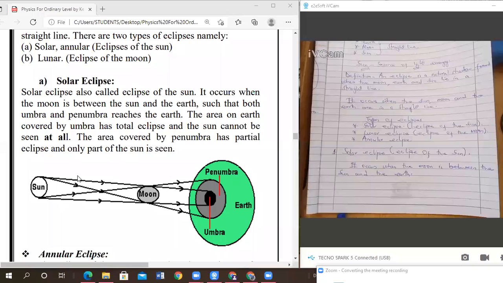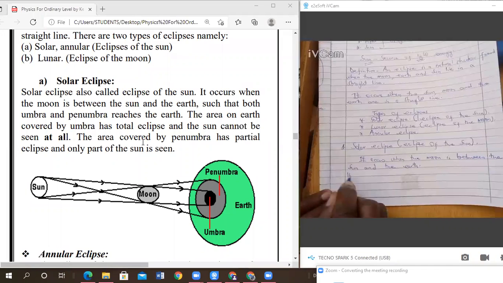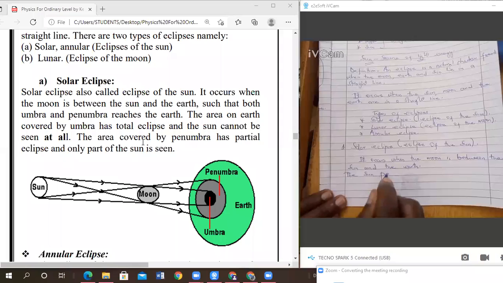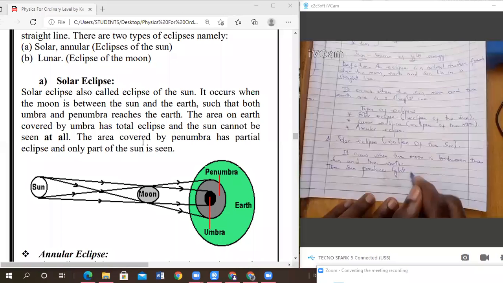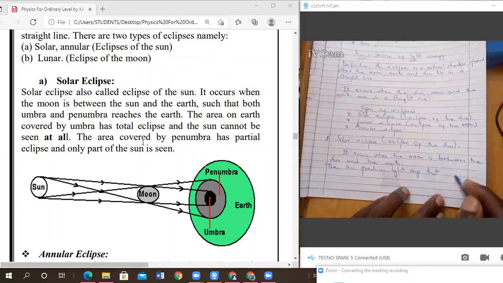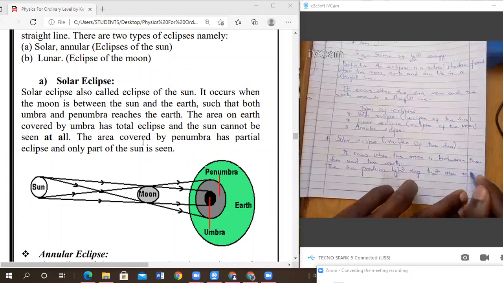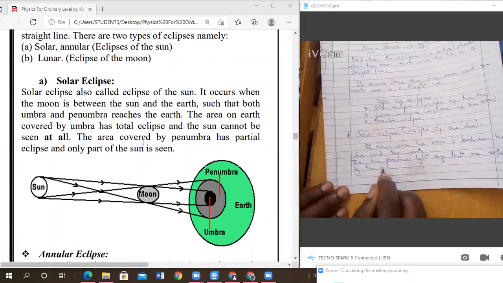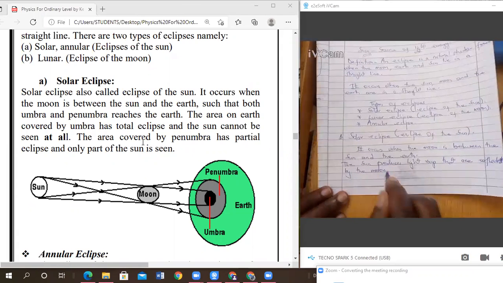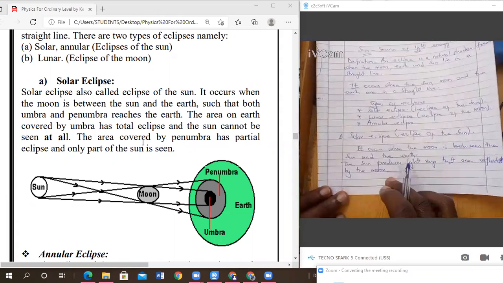So the sun produces light rays that are reflected. Remember we said all the planets are reflecting surfaces. The sun produces light rays that are reflected by the moon.